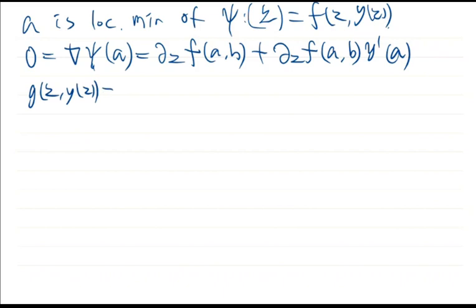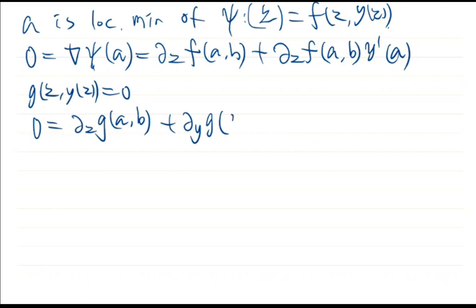On the other hand, since g(z, y(z)) is 0, we also have 0 equal to the partial derivative of g with respect to z at AB, plus the partial derivative of g with respect to y, also at AB, multiplied by this.